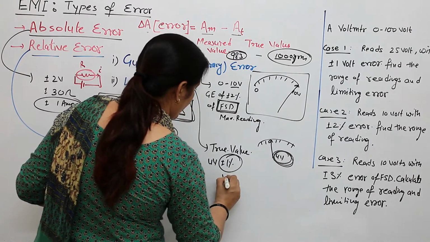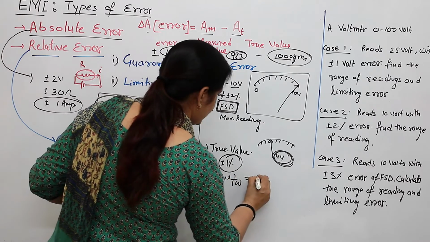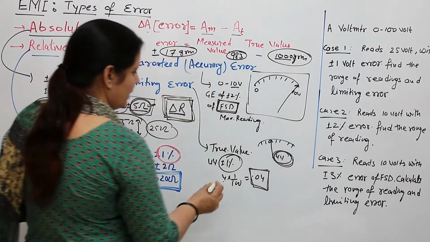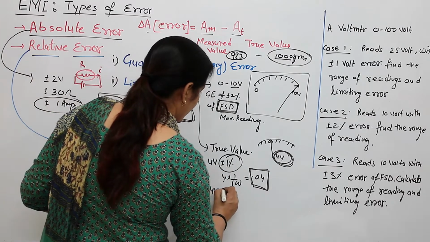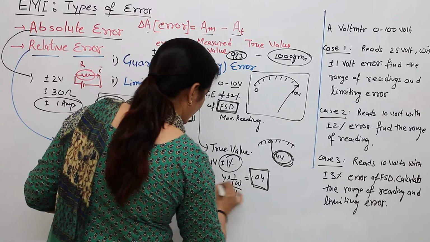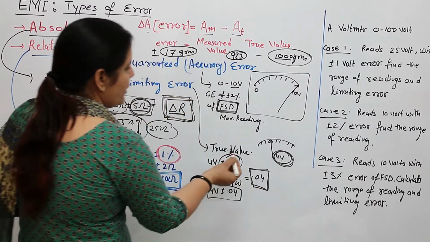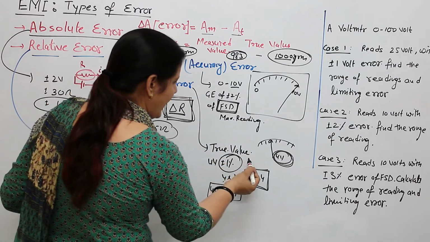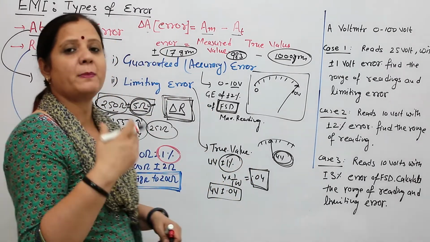So there will be a variation of 4 into 1 by 100. There is a possibility of changing 0.04 volt. Okay, so range of reading will be 4 volt plus minus 0.04. Okay, limiting error is mentioned with respect to the true value and it is generally mentioned by the user.